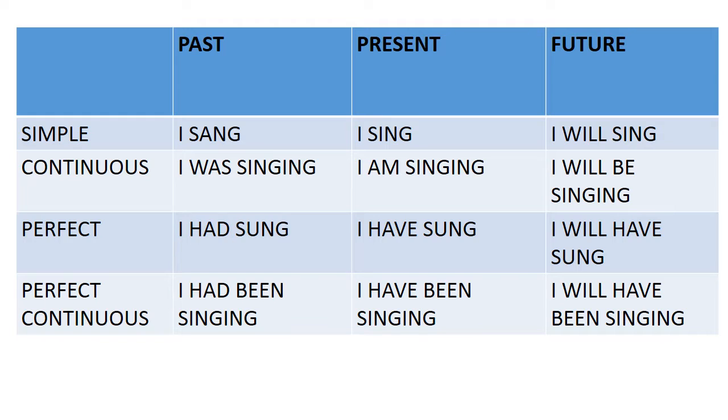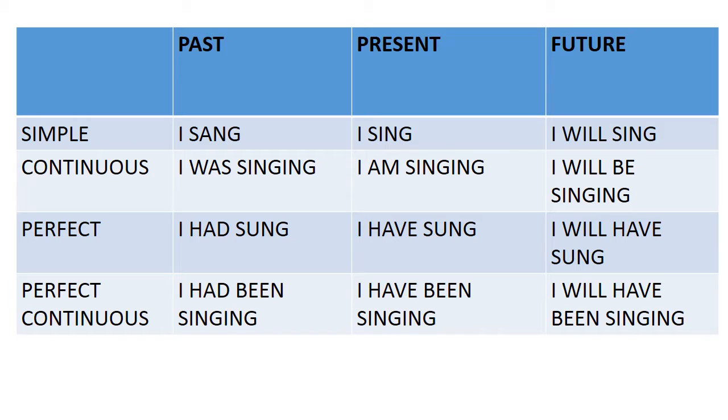Next is present continuous tense, where ing is added to the main verb sing and am represents the helping verb or auxiliary verb. The sentence here is I am singing, which is a present continuous tense.